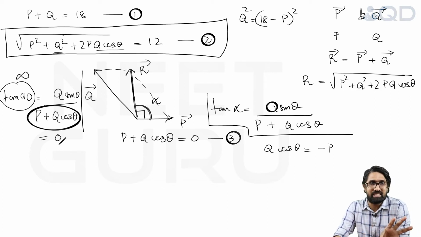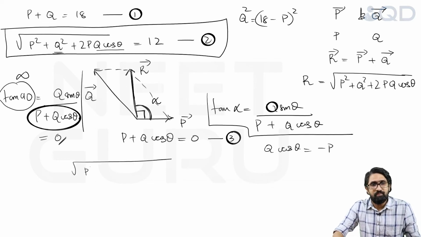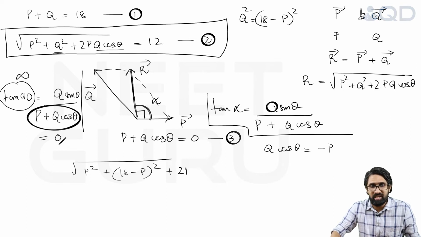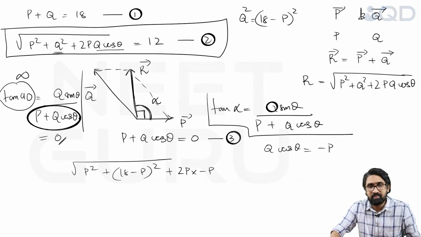So when I replace all these terms, I'll have root of p square plus, instead of q square, 18 minus p whole square, and then plus 2 into p, I'll keep that intact, and then I have q cos theta, which can be replaced with minus p, and this will be equal to 12.